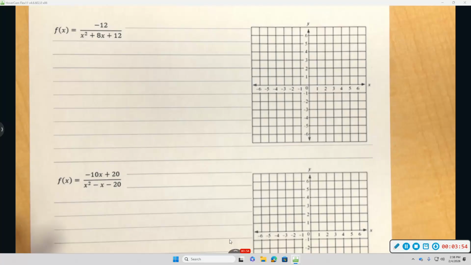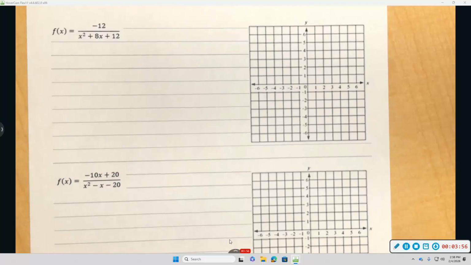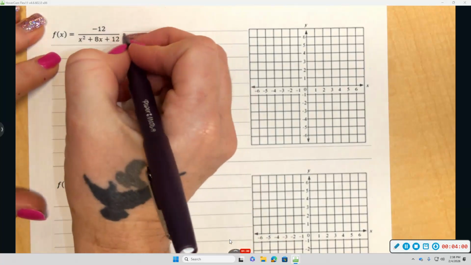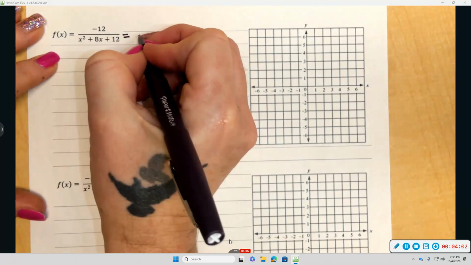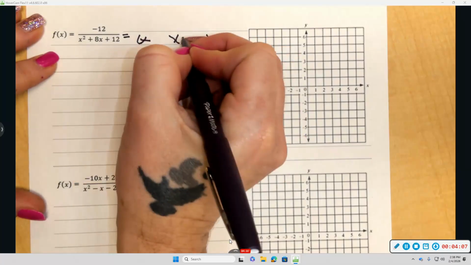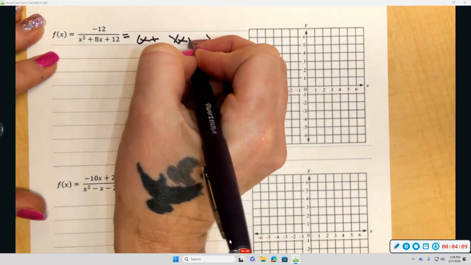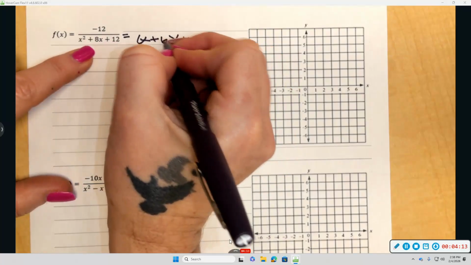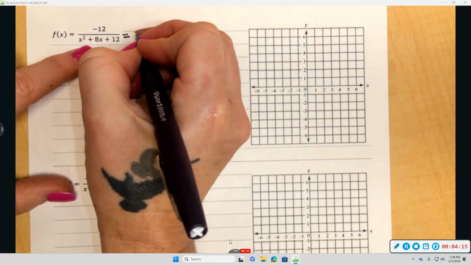All right, so the first thing I'm going to do with this is factor that denominator. So I'm going to rewrite this denominator as (x plus)(x plus). Two things that multiply to give me 12 and add to give me 8 are 6 and 2.